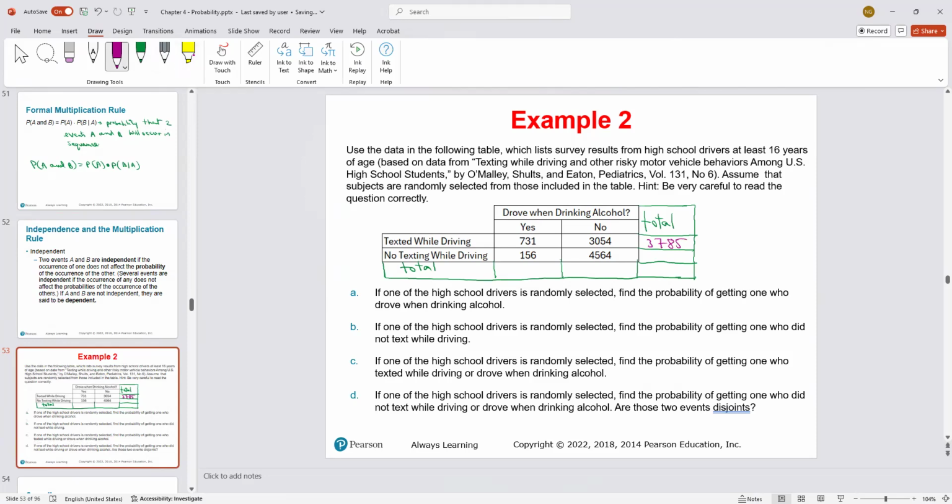In some tables they're already given, but if you do 156 plus 45, 64, 47, it gives 4720. Now for the column totals, 731 plus 156 is 887, and 3054 plus 4564 is 7618.